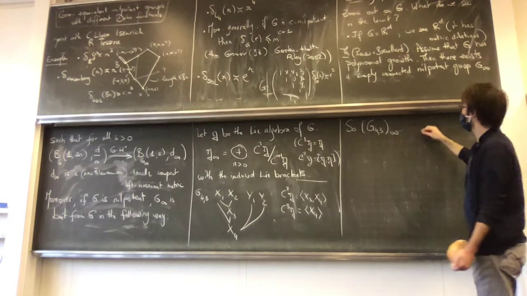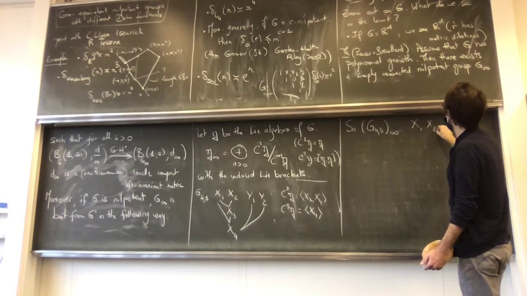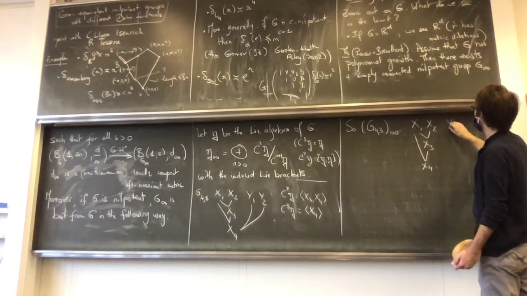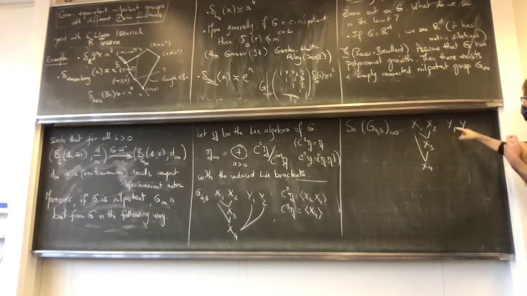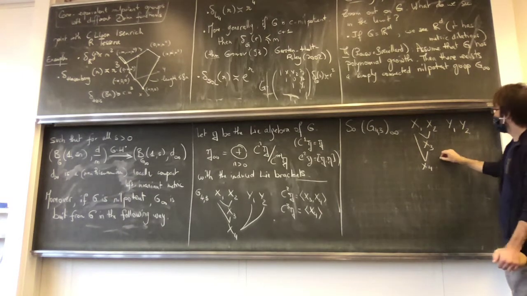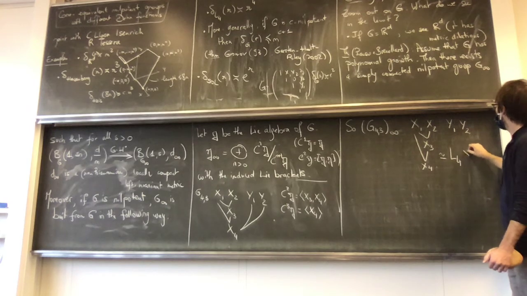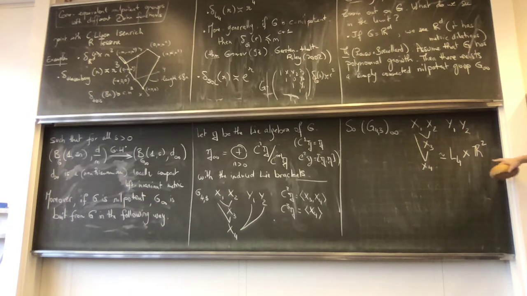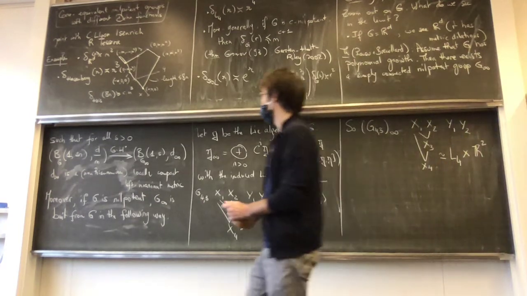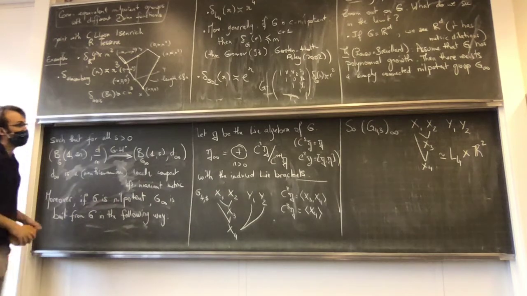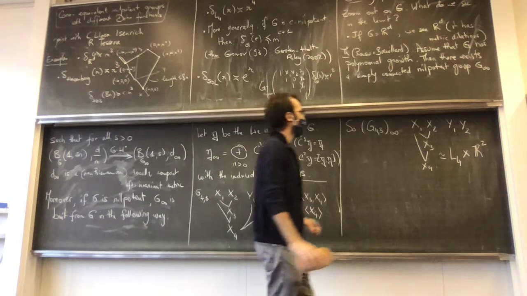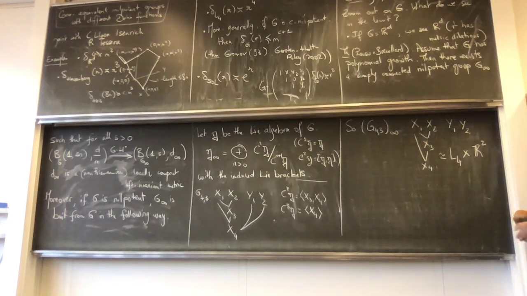The group at infinity is this one, so it's almost the same, but this bracket disappears. This bracket is killed. So it's isomorphic, in fact, to L4 direct product with R2. What we performed here is maybe called an algebra contraction, and it simplifies the structure a little. Here you get something which splits as a direct product.